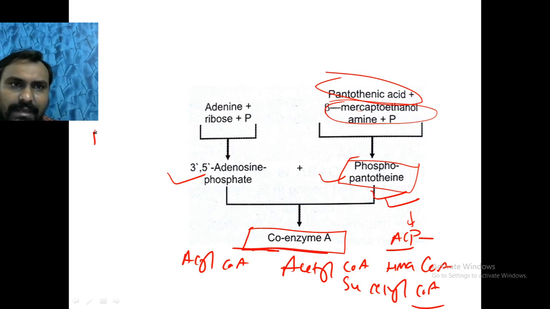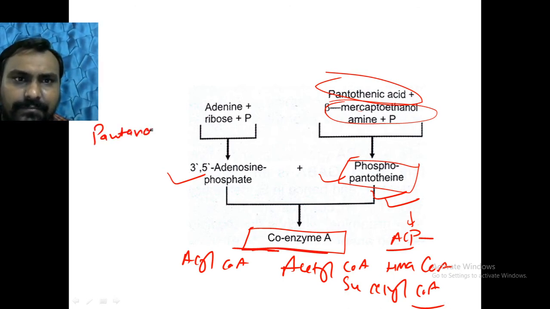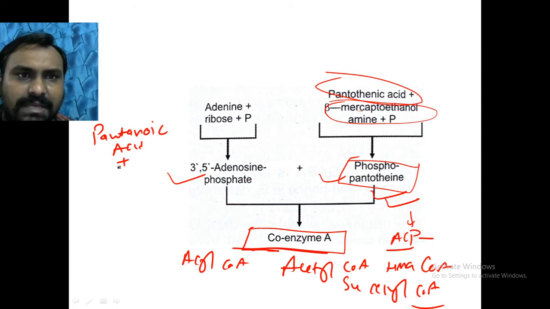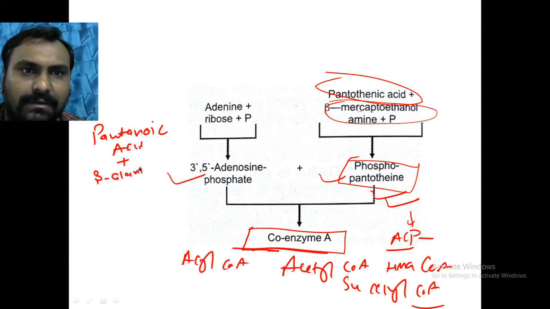So I revise again: pantoic acid plus beta alanine, beta alanine, not alpha, will form the pantothenic acid.